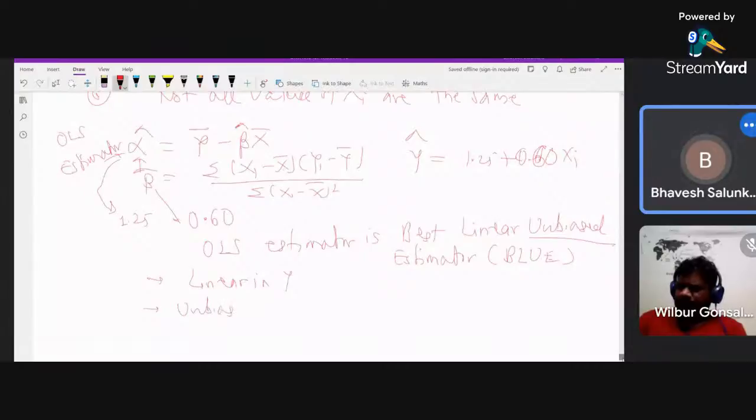Unbiasedness means that the expectation of beta hat is actually B. And I'll come to this point. Efficient. E stands for efficient. The efficient property implies that the OLS estimator of alpha hat and beta hat actually has minimum variance.